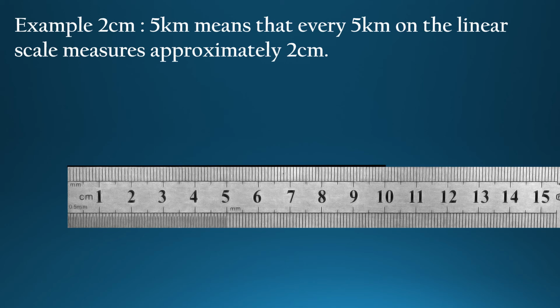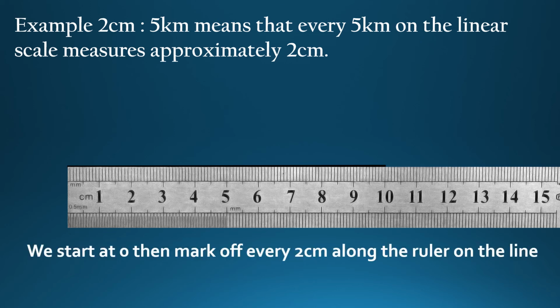So again, the statement is 2 centimeters to 5 kilometers. So now we put our line there along our ruler, and now we start at the 0 and mark off every 2 centimeters, because remember, it's 2 centimeters to represent 5 kilometers.